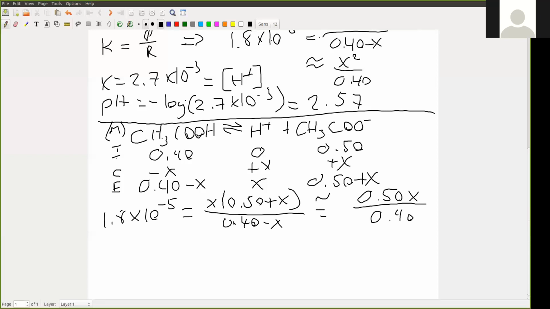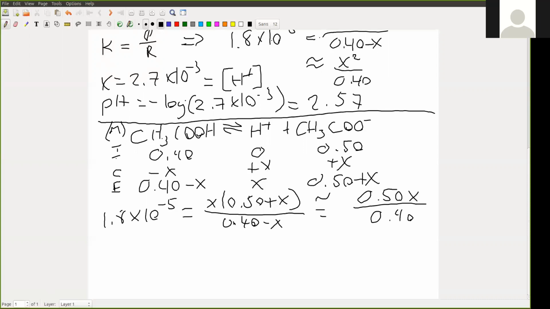This is because 0.40 minus X is very small compared to 0.40 and 0.50 plus X is roughly 0.5.